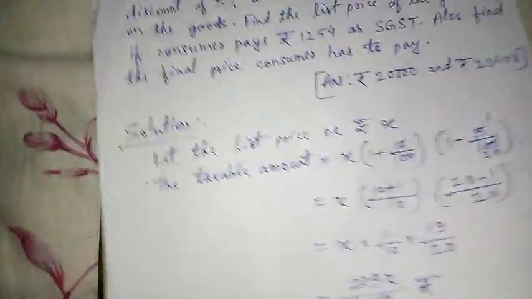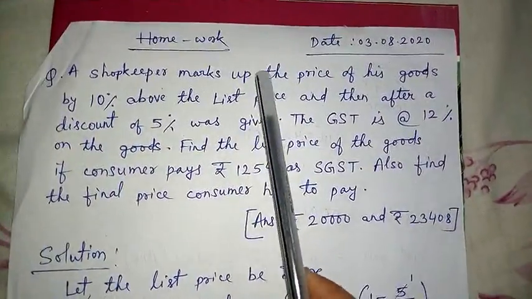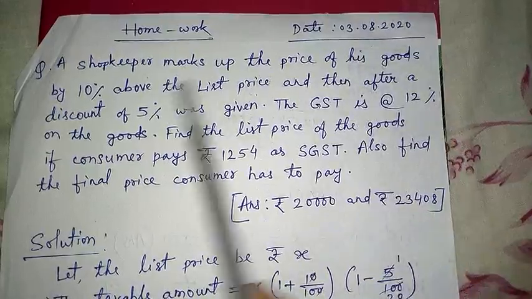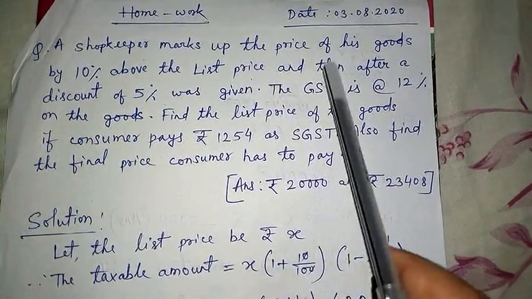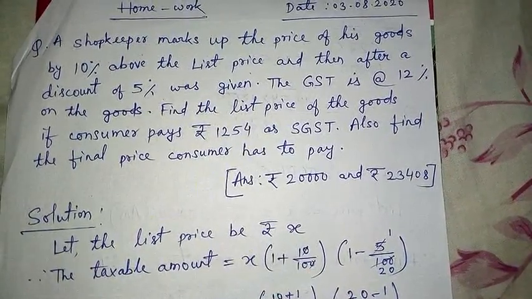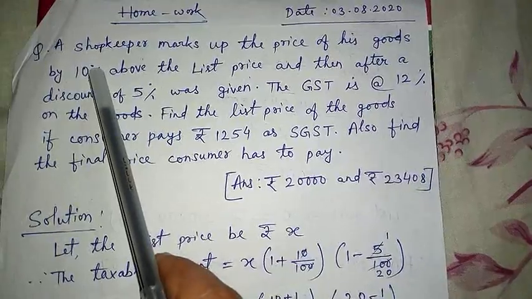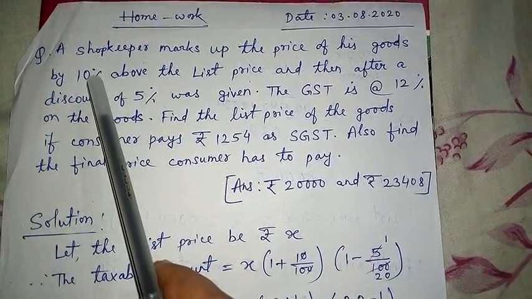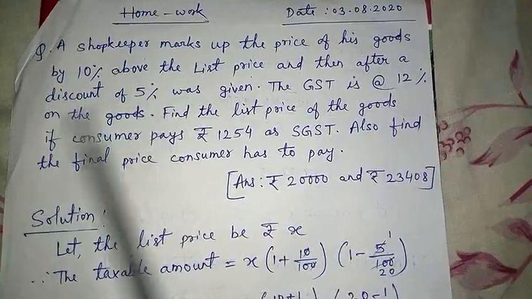Now one more different question I have here, children, that one I want to discuss. A shopkeeper marks up the price of his goods by 10% above the list price, and then a discount of 5% was given. So the shopkeeper increased the price of the goods by 10% above, and later he gave a discount of 5%.